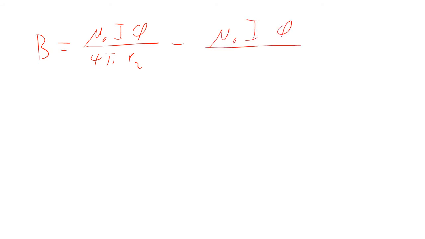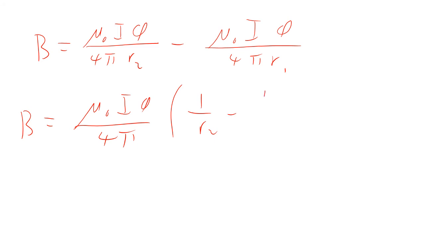All right, so now that means the magnetic field is mu naught I phi over 4 pi R2 minus mu naught I phi over 4 pi R1. Okay, giving our plus and minus together. We can make that neater, say mu naught I phi over 4 pi times 1 over R2 minus 1 over R1.